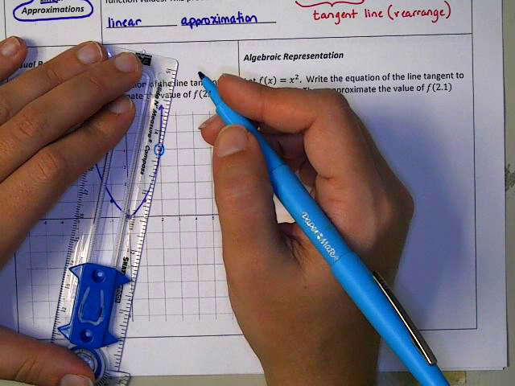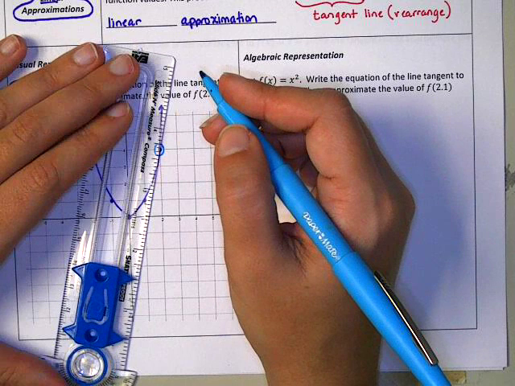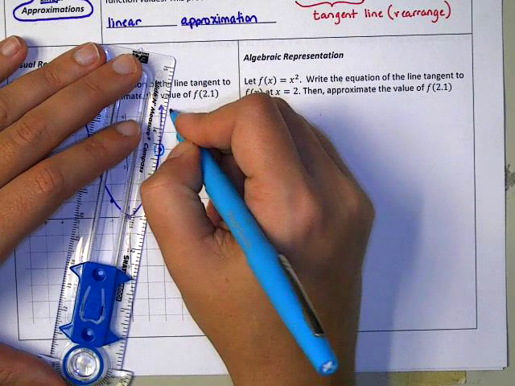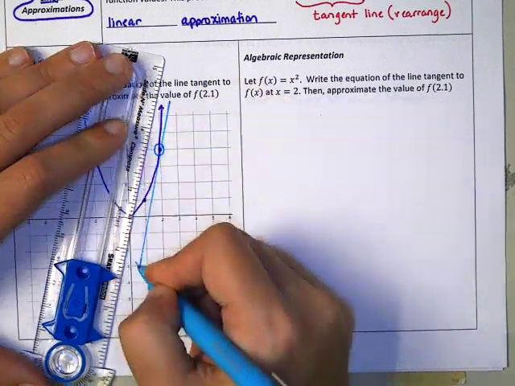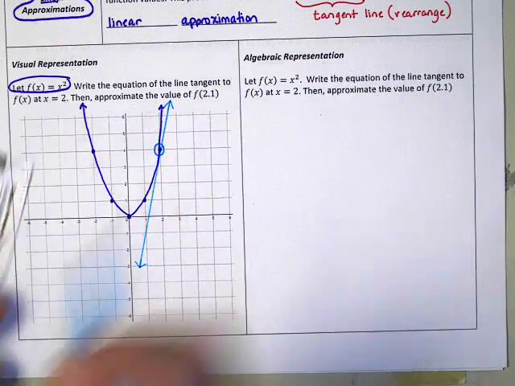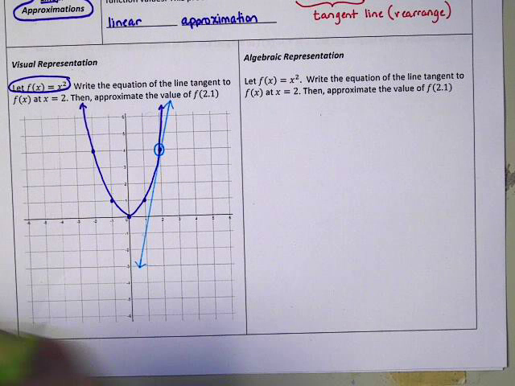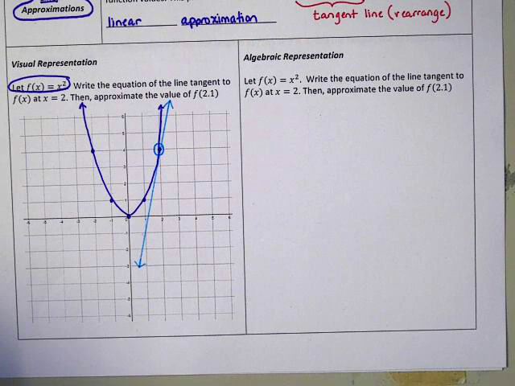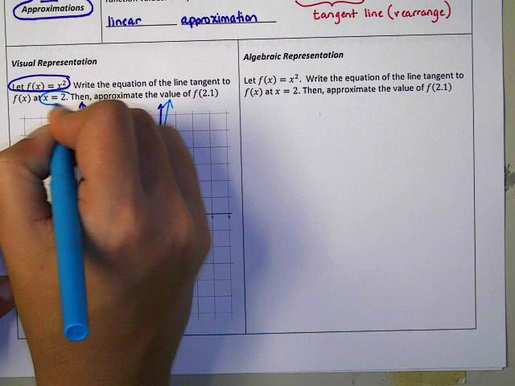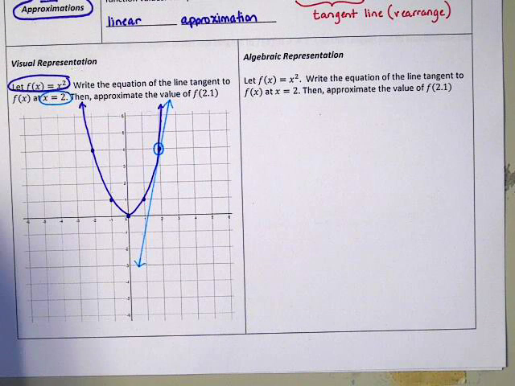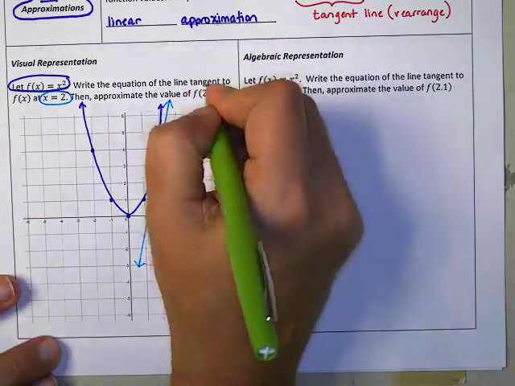So that's going to look like this. Next, we're going to use this tangent line to approximate what's happening when x is 2.1. My tangent line is at x equals 2, but we're using it to estimate what's happening at 2.1.